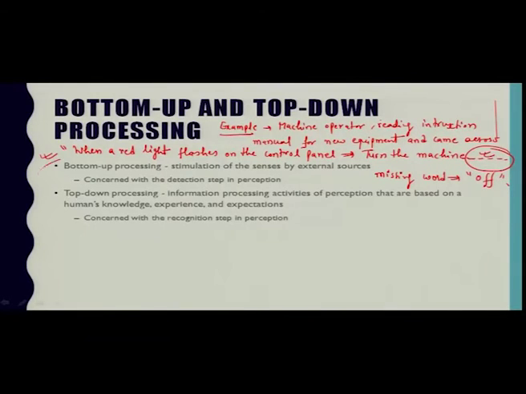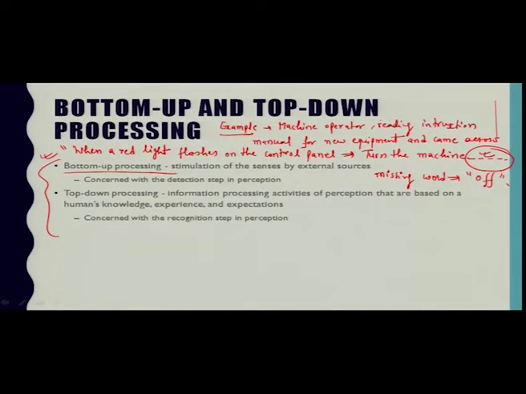So this was the example to show distinct ideas, because perception is largely dependent on the previous experiences and knowledge that you have gained as your age advances. So this was all about perception. As a nutshell, I am just revising the concepts that we have learned in this lecture.